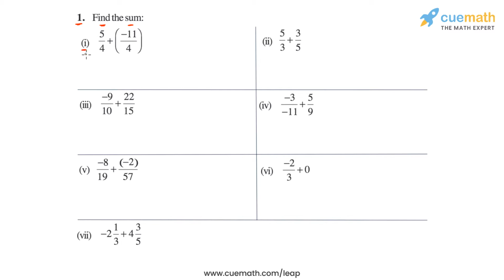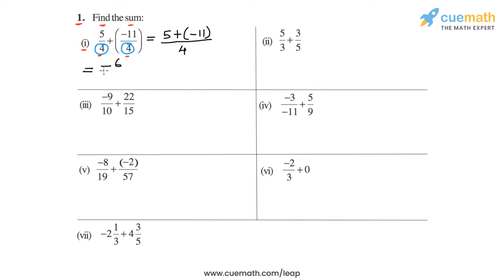Okay, so let's start with the first part. In the first part, we have to add 5 by 4 and minus 11 by 4. So these two numbers already have the same denominator 4. So let's simply add the numerators. So this will give us 5 plus minus 11 by 4, right? And 5 plus minus 11 is minus 6.